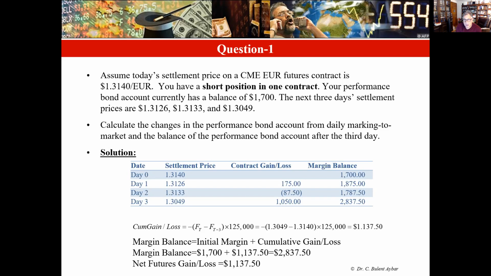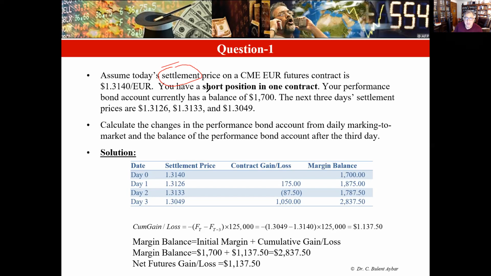The first one is the concept of settlement price. Settlement price is, as I mentioned earlier, the price that is determined for each contract at the end of the trading day by the exchange, based on a preset rule.